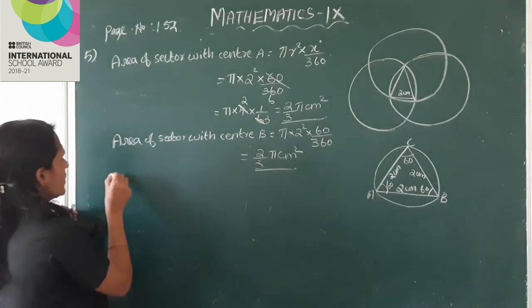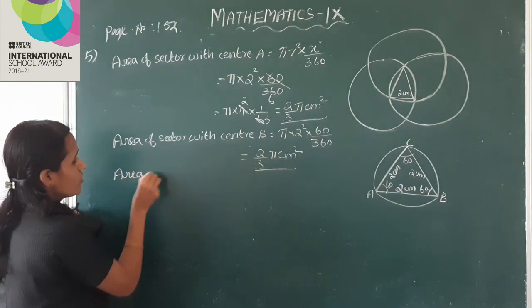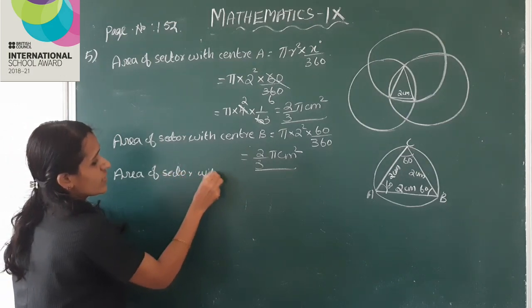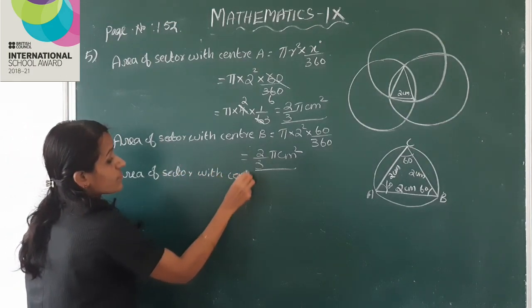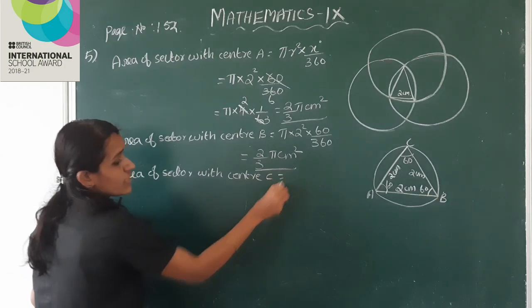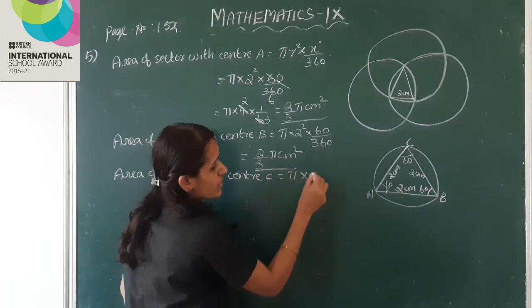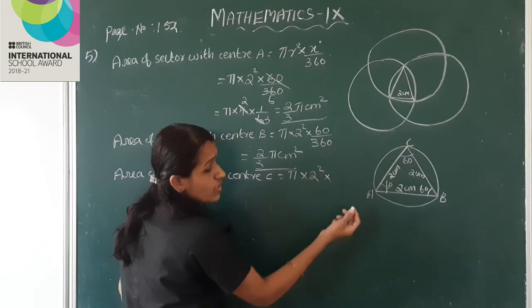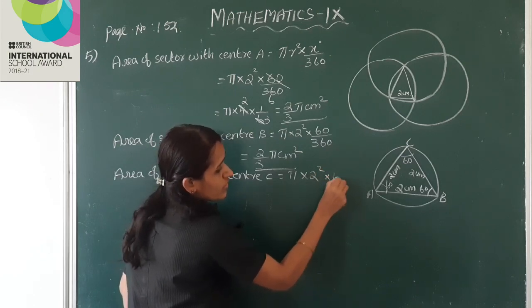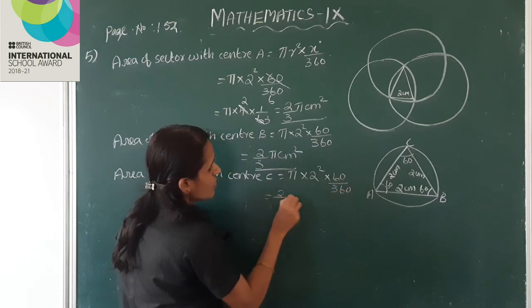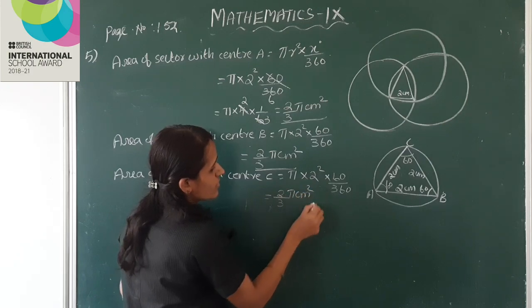Next, area of sector with center C is equal to, again pi into r is same, that is 2 square into angle is also same, that is 60 by 360. This is equal to 2 by 3 pi centimeter square.